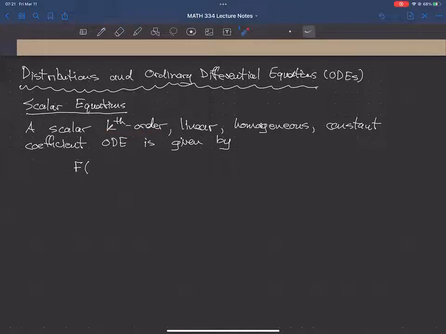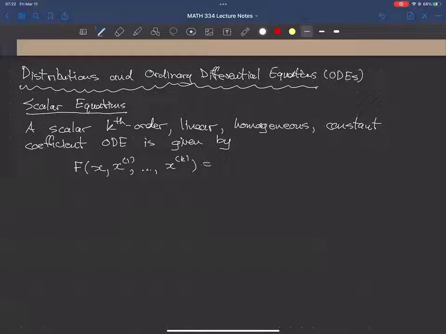Because of the other two attributes, homogeneity and constant coefficients, it has a very particular form, and that form is like this. It's going to depend on variables x, and I'm going to denote by x1 the first derivative, up to xk, the kth order.